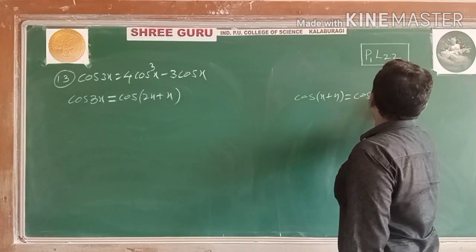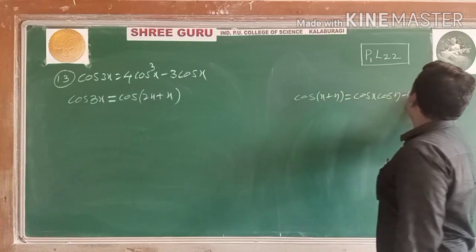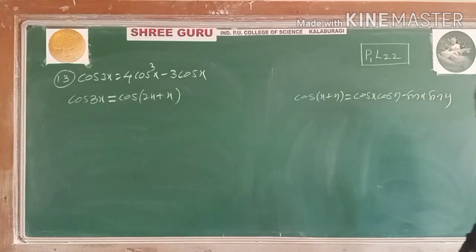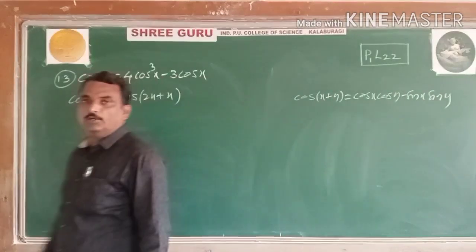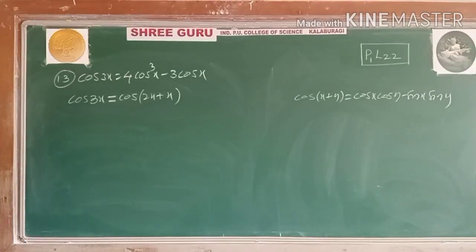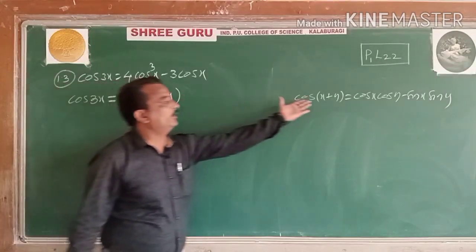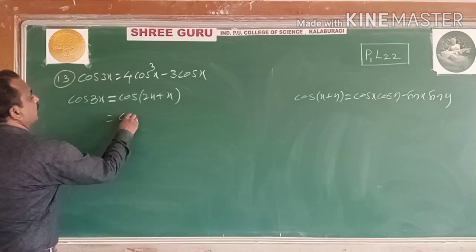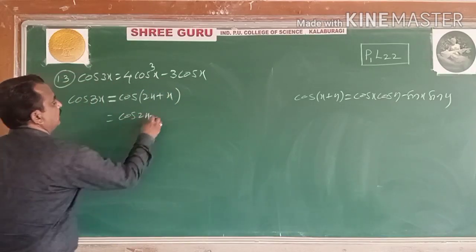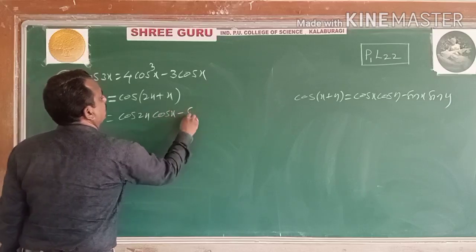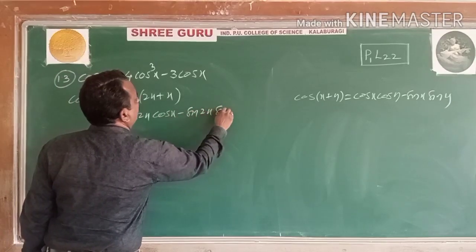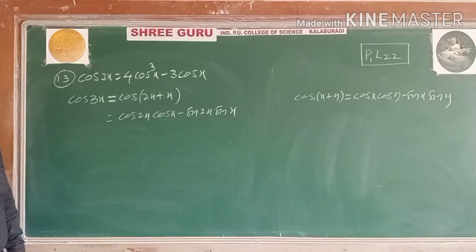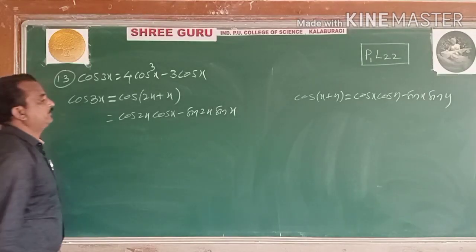Cos x cos y minus sin x sin y. So according to this formula you may write cos 2x cos x minus sin 2x sin x.